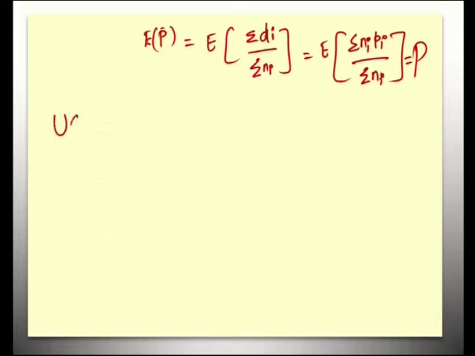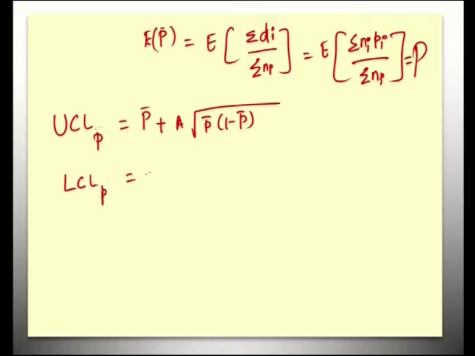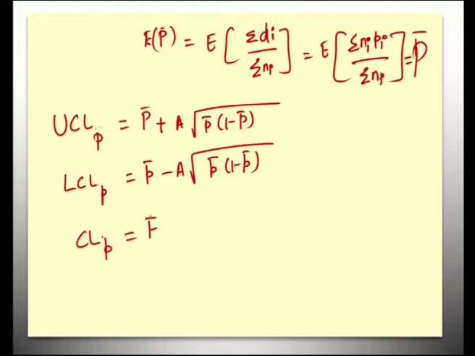So UCL of P bar is P bar plus A into root of P bar into 1 minus P bar. LCL of P bar is P bar minus A into root of P bar into 1 minus P bar. And CL of P bar is P bar itself.